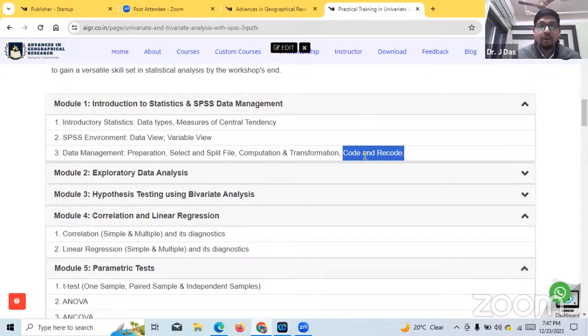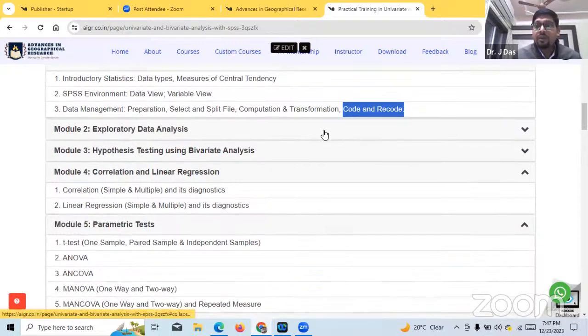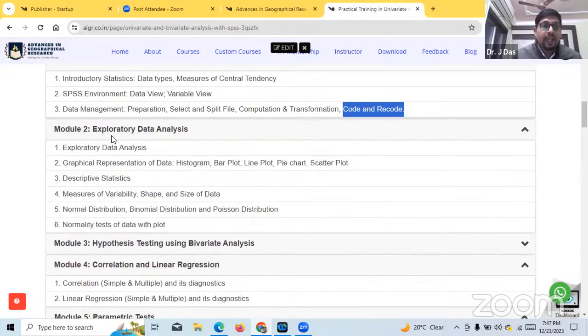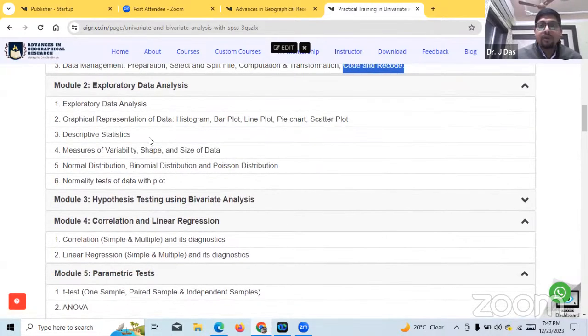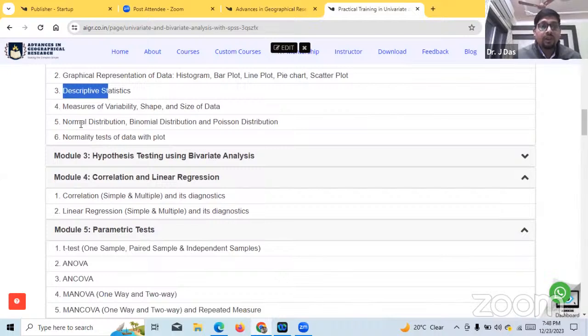Then exploratory data analysis, and graphical representation like histogram, bar plot, line plot, pie chart, scatter plot, descriptive statistics, measures of variability like skewness and kurtosis, and the normality test and why it is needed.